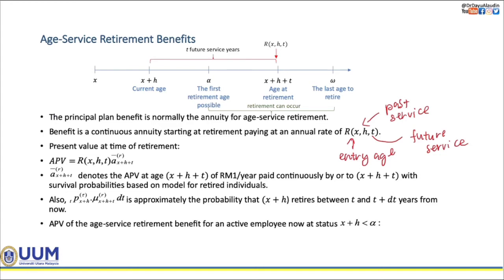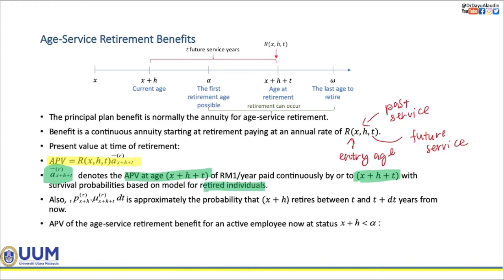And the APV is equal to this one. This denotes the APV at age X plus H plus T of RM1 per year paid continuously to X plus H plus T, with survival probabilities based on the model for retired individuals.